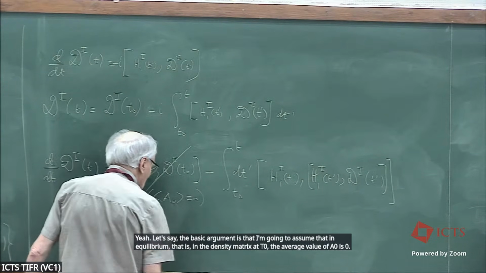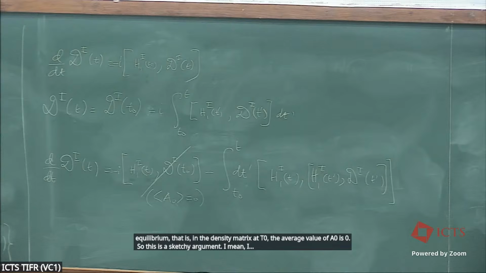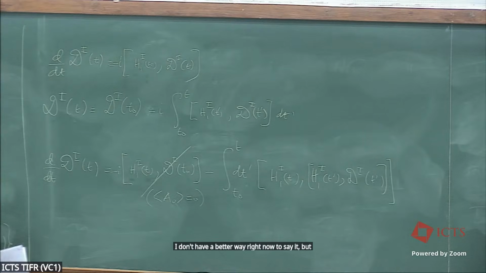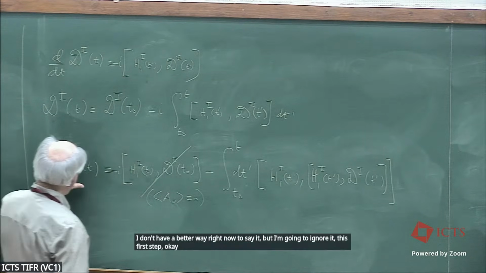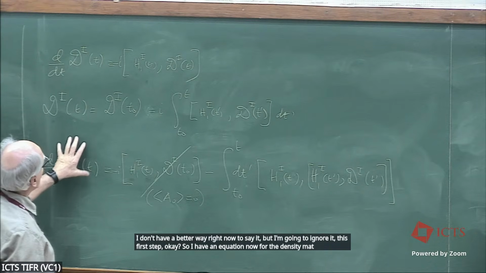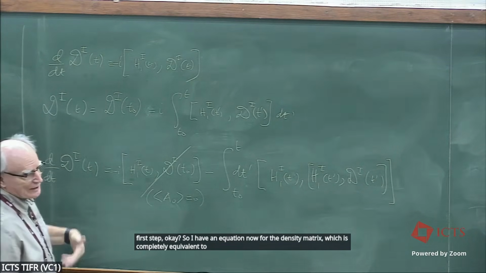So this is a sketchy argument. I don't have a better way right now to say it, but I'm going to ignore this first term. So I have an equation now for the density matrix, which is completely equivalent to the first one. I've just iterated once.